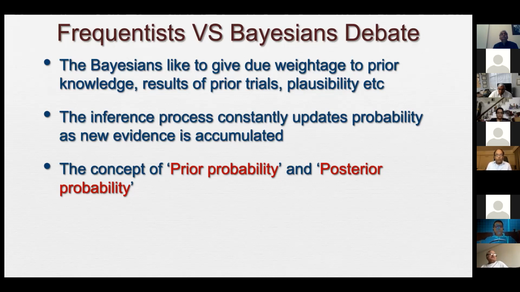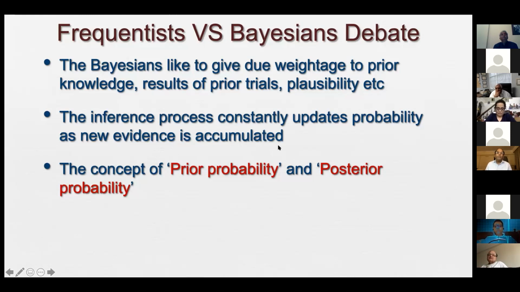So the Bayesians, on the other hand, say that we must give due consideration to the plausibility, to results of previous trials, to prior knowledge, to the scientific explanation. Everything should be considered when we decide about results of a trial. And in the Bayesian method, the inference of a trial process constantly updates itself. The probability is updated as new evidence is accumulated.